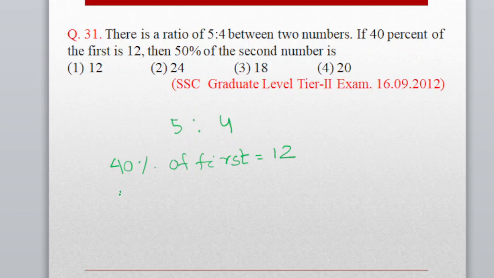So 1% is equal to 12 by 40, and 100% is equal to, here 100% means the first number. 100% of the first is equal to 12 by 40 into 100.